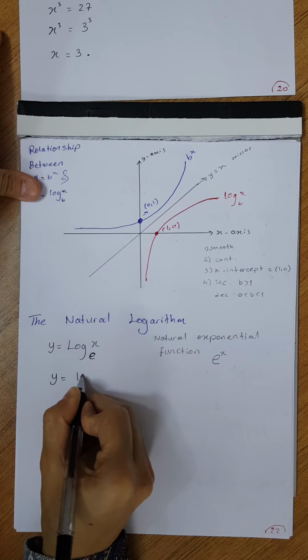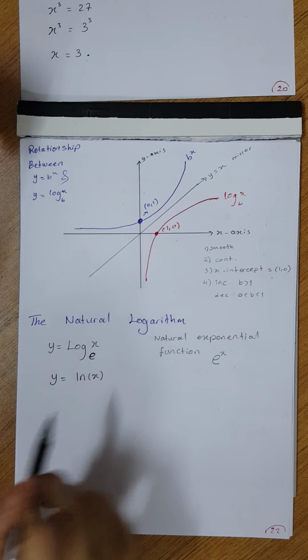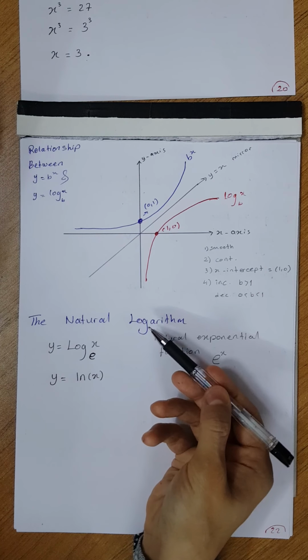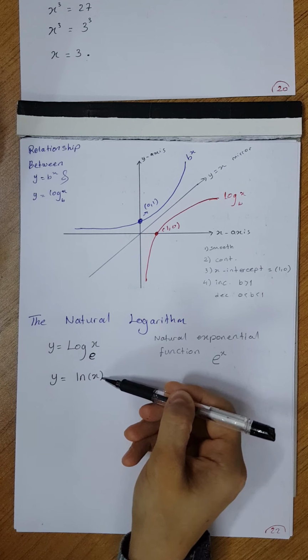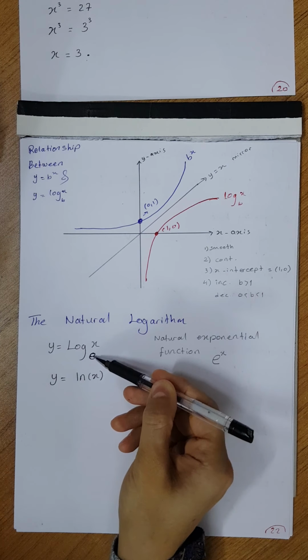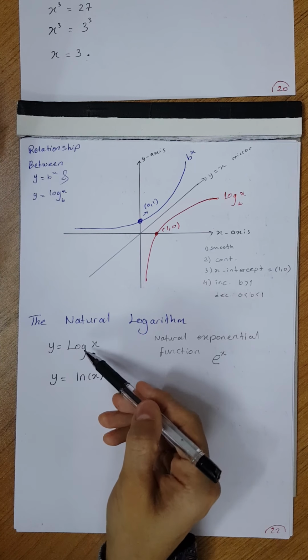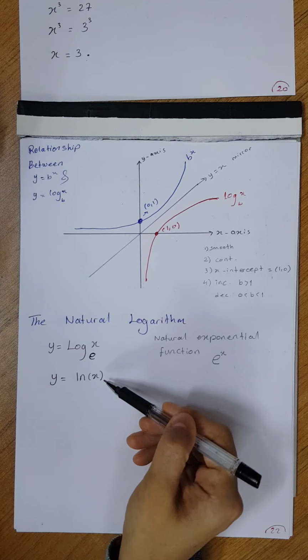It is pronounced as ln of x. So what is ln of x? It is the natural logarithm. Why is it called a natural logarithm? It's again a logarithmic function, but a special base is given to the logarithm. That's why instead of writing logarithm of x with the base of a, we are writing ln of x.